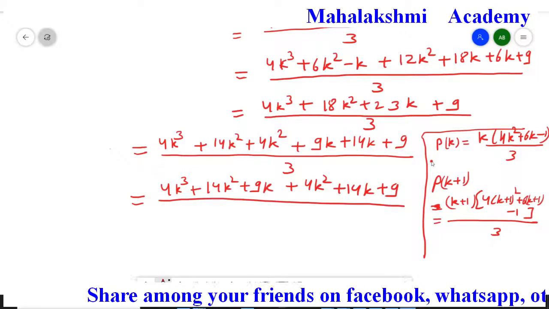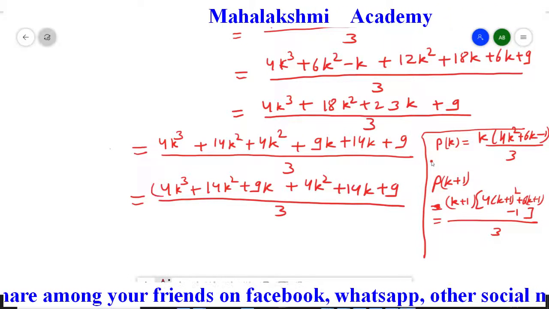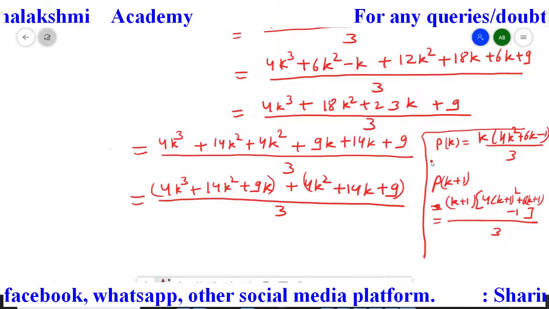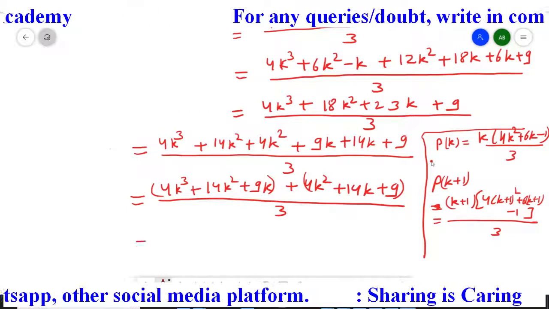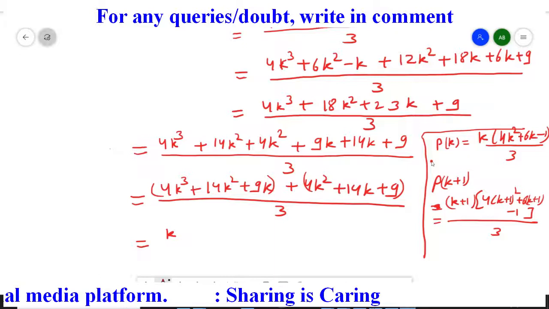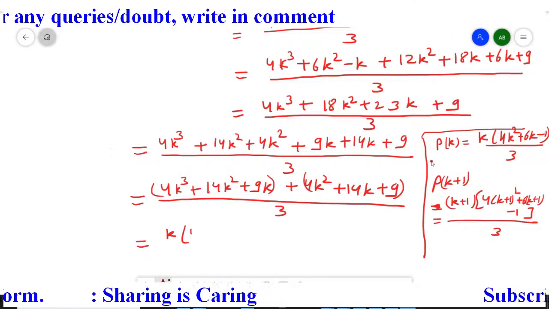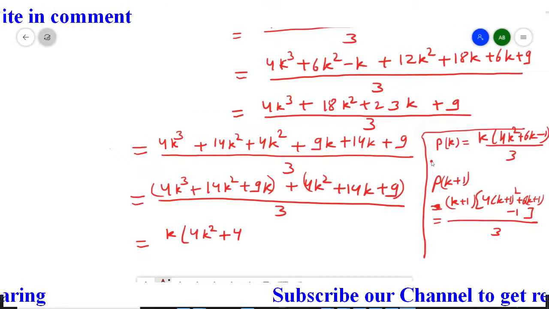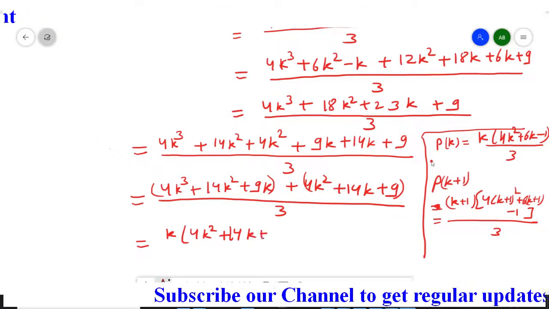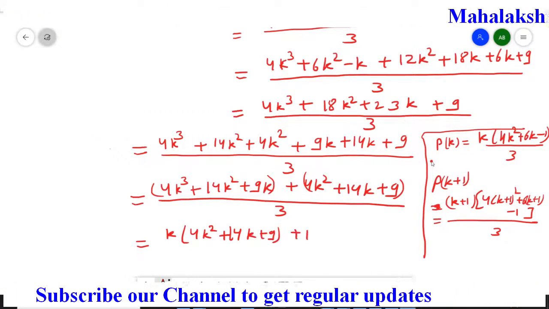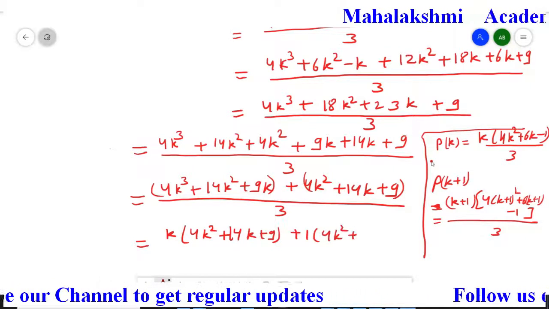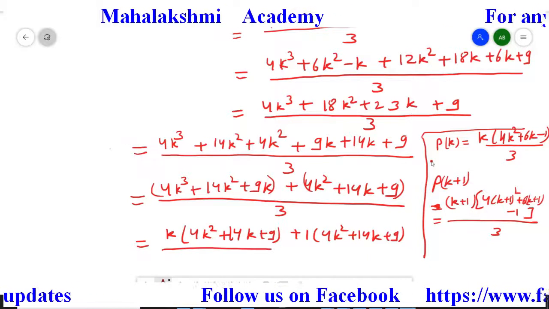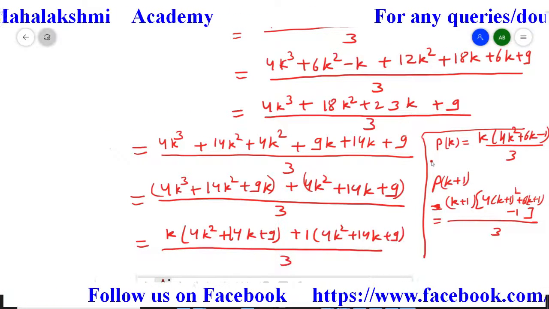Now from here what we have to do is, I am going to make them a group. From here I am going to take k common, that will give us, when we take k common, here we remain with 4k square plus 14k plus 9, and from here just take 1 common, 4k square plus 14k plus 9 and whole divided by 3.